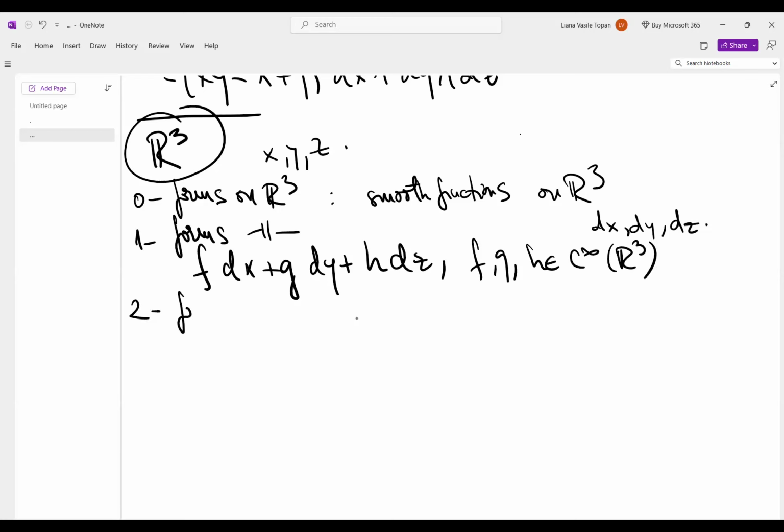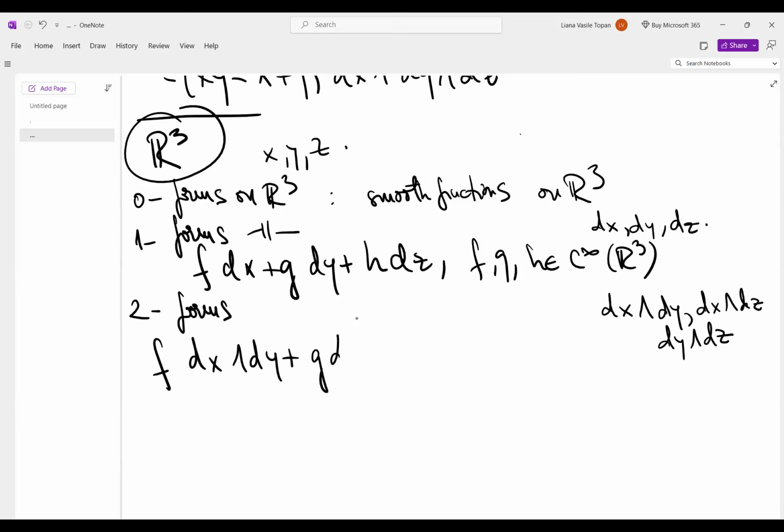What are the 2 forms? What is the basis for the space of 2 forms? Wedge products of 2 differentials, increasing: dx wedge dy, dx wedge dz, and dy wedge dz. So the 2 forms will be of the form f dx wedge dy plus g dx wedge dz plus h dy wedge dz, where again f, g, and h are smooth functions on R3.